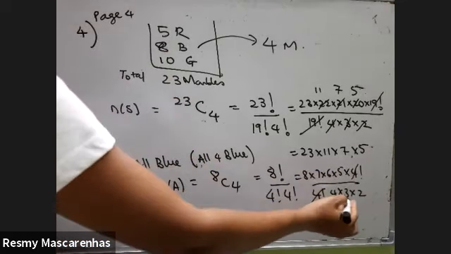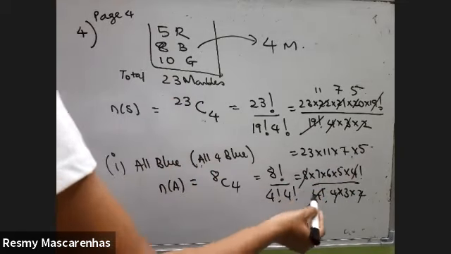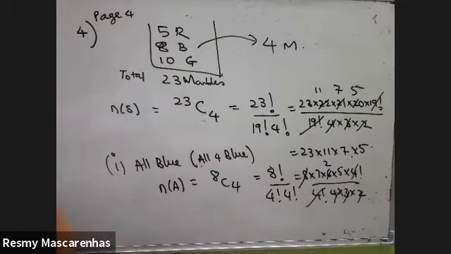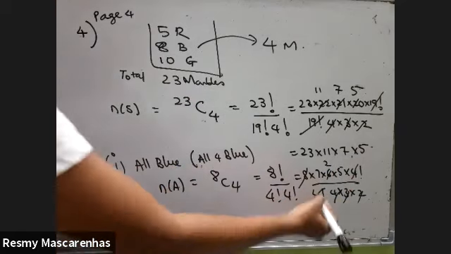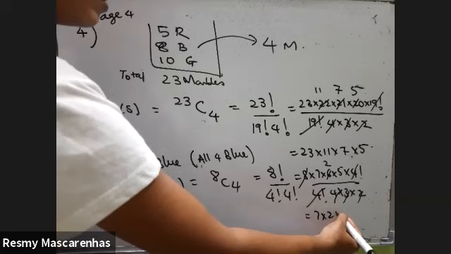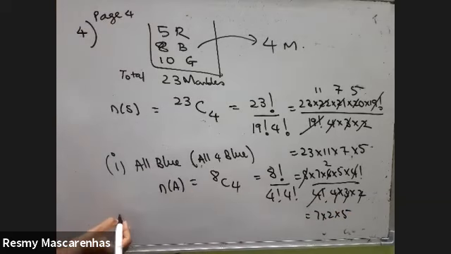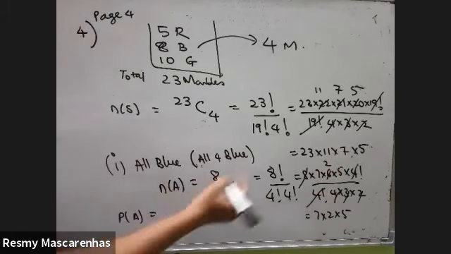4 and 4 will cancel. 4 into 8, 3 into 2. Okay, so 7 into 2 into 5. So what will be the P of A? Probability will be just this upon your sample space.